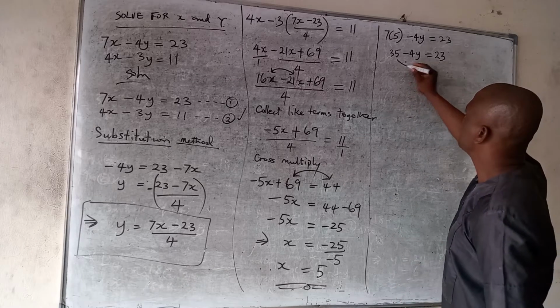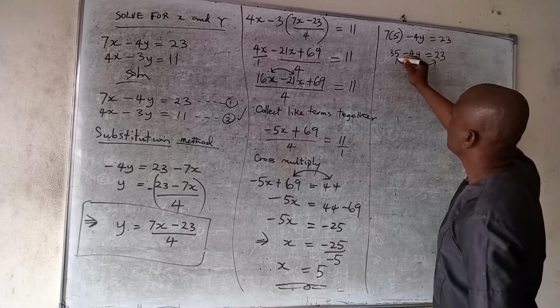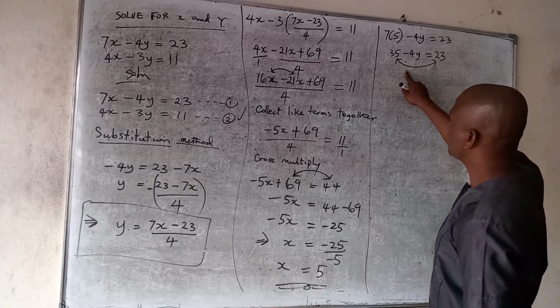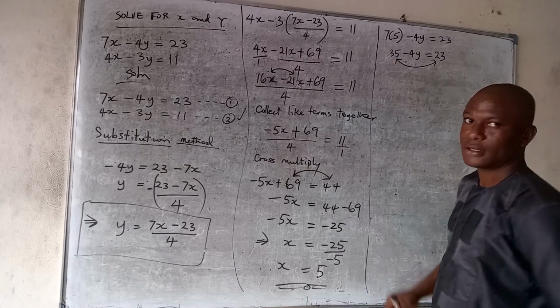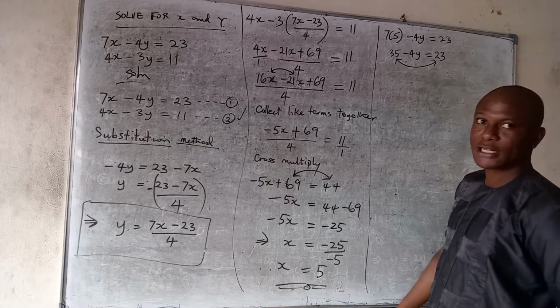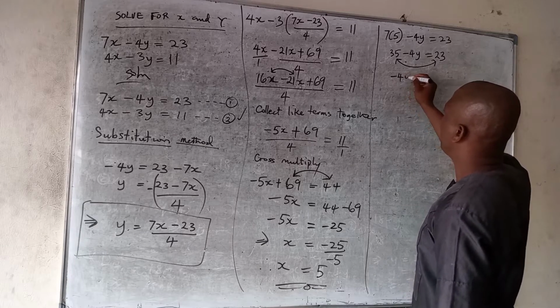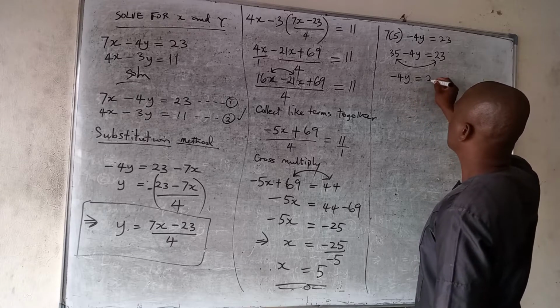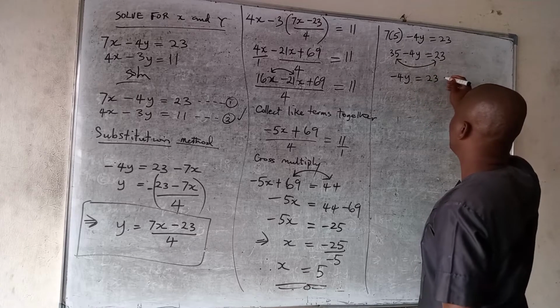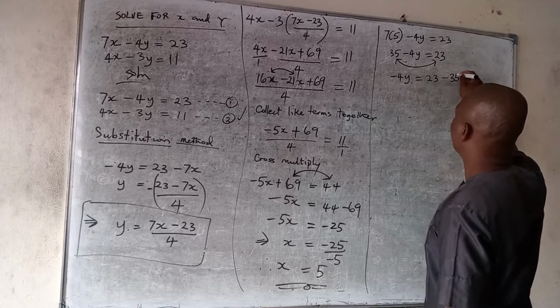Now if you look at this equation, these two are like terms, so we must collect them together. So you have minus 4y being equal to 23. If this one crosses over, it becomes minus 35.